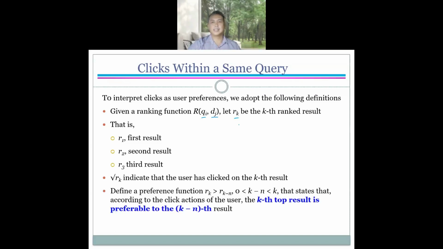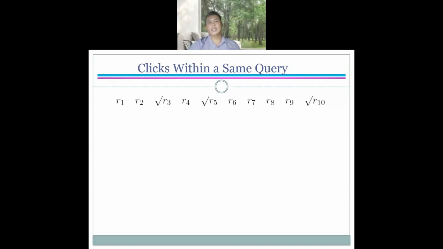So for example, if we have something like this, meaning that the user only clicked result number 3, number 5, and number 10, what can we assume here? Can we assume that result number 5 is less important compared to result number 3? Or can we assume that result number 10 is more important than result number 3?